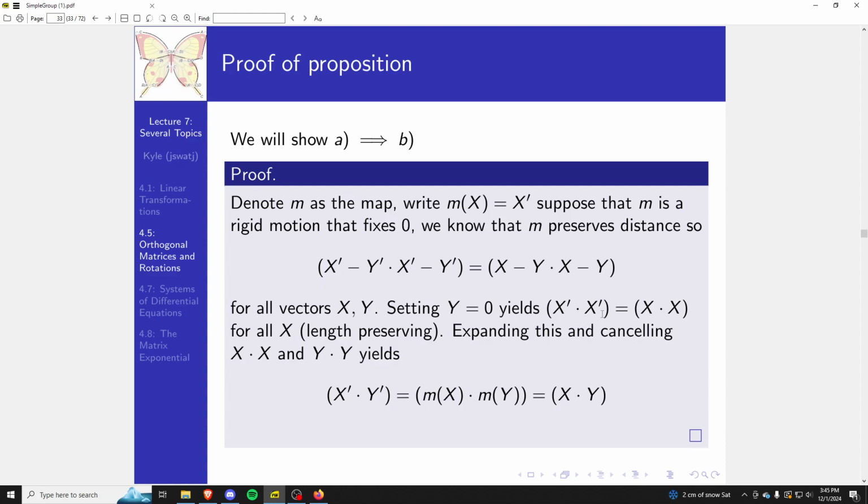And so using that fact, we expand these two and cancel out any of the products with itself. If we have an x prime times x prime, it cancels out with x times x, and same with y times y. And so this will yield that x prime times y prime is equal to x times y, which is what we wanted to show.